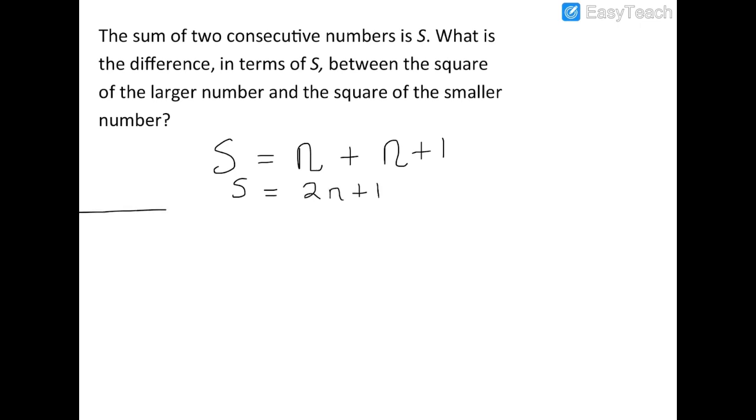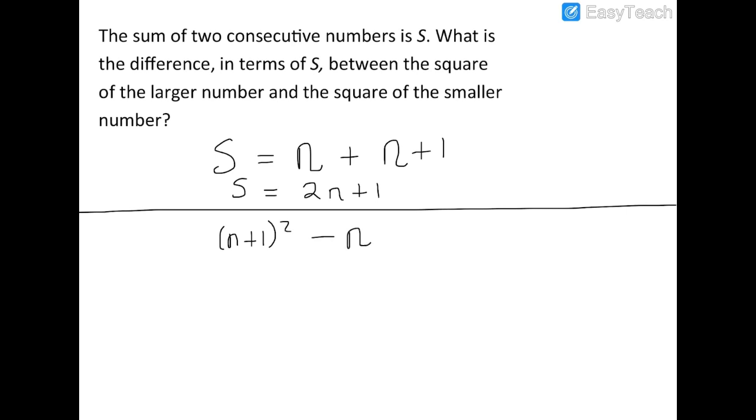Okay, now we need to find the difference between the squares of these numbers. So the larger number squared will be (n plus 1) squared minus the smaller number squared, which is n squared. If we multiply this out, we get n squared plus 2n plus 1, and we are subtracting n squared, and then this will be equal to 2n plus 1.